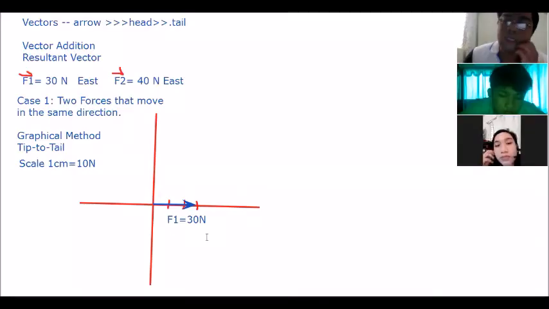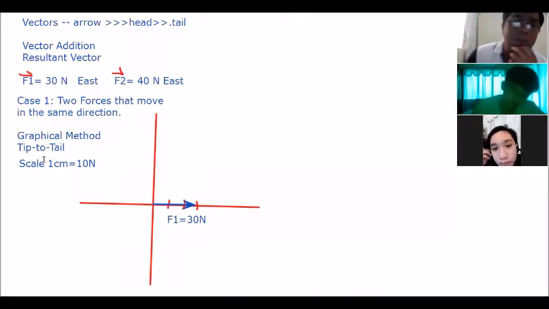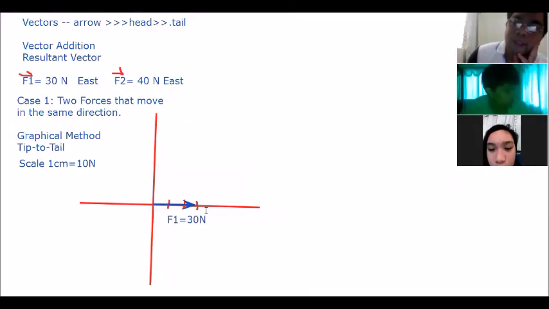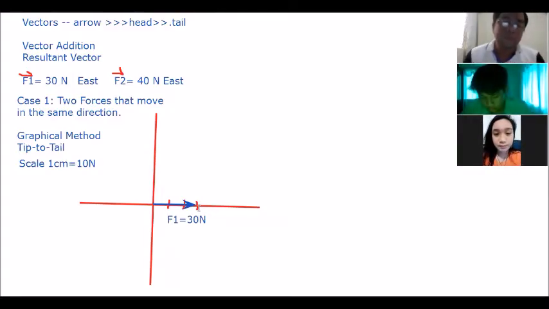Proceeding, the method that we are to employ is the tip to tail graphical method. At the tip of our first vector F1, meaning at the end of the arrow, or the head of our vector, we connect the second vector. So vector number 2, called F2, will be connected in front of it. We will be marking 4 segments, the 4 segments indicating the 40 newtons.